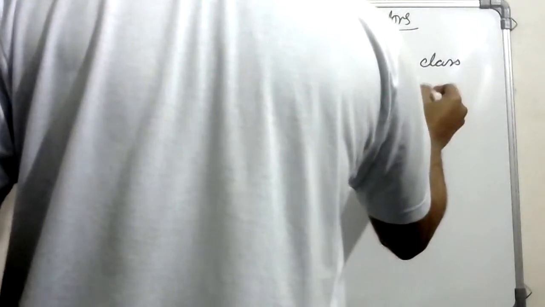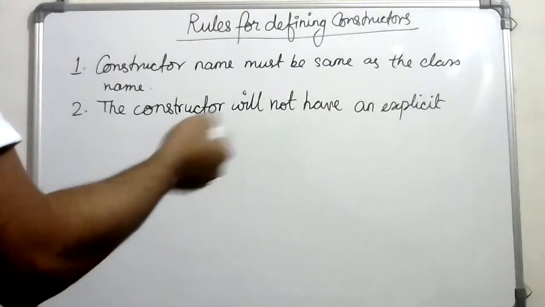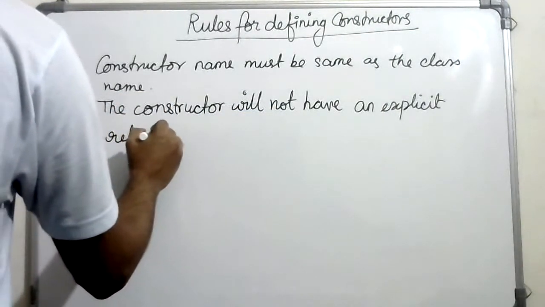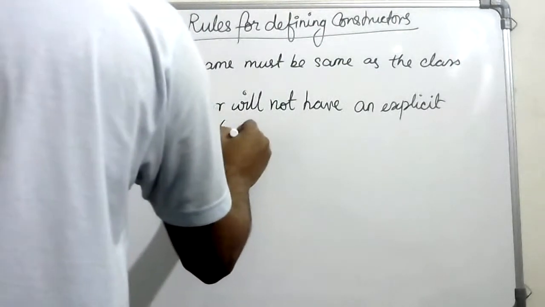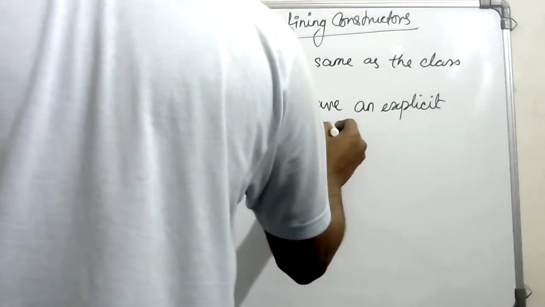By explicit, we mean that we do not specify a return type while defining a constructor. We could also simply write the constructor will not have a return type. Not even void. This is very important to remember.